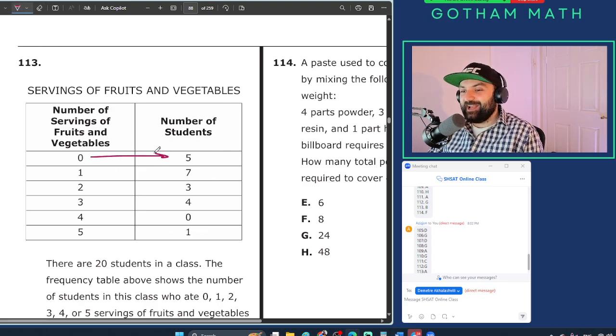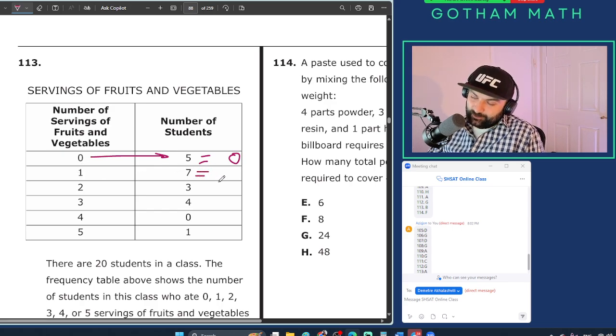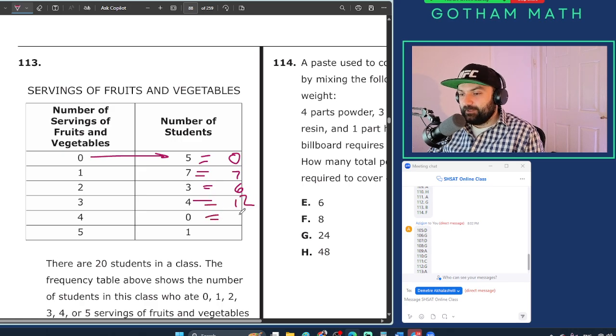I'm not even going to edit this. Okay, so 0 times 5. So 0 fives, or 5 zeros, doesn't matter. It's going to end up giving us 0. Then 1 seven is going to be 7. We're going to have 3 twos. That's 6. 12. 0. 5.